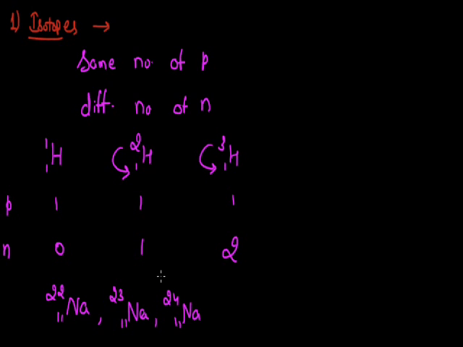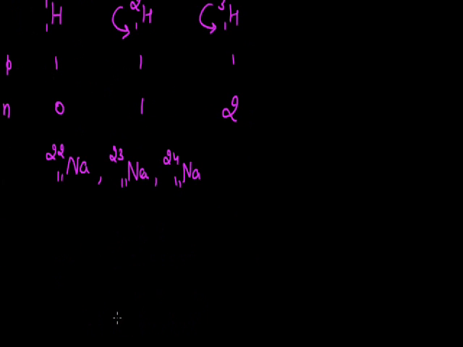If we compare the number of protons and neutrons present in the nuclei of these elements, you will find that all three have the same number of protons, that is 11 for each. But the number of neutrons for each is 11, 12, and 13 respectively. So these nuclei which have the same number of protons but a different number of neutrons can be termed as isotopic nuclei.